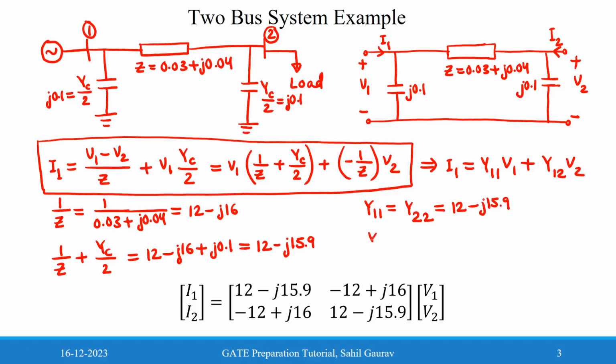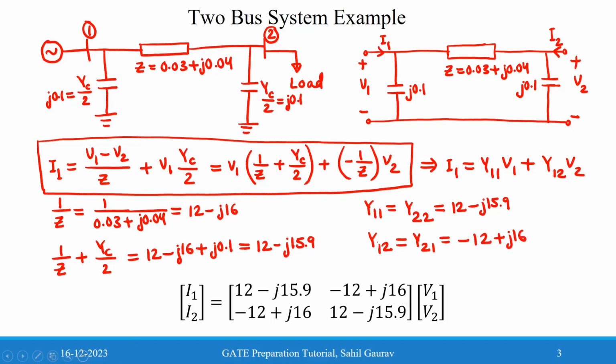And since this admittance matrix is symmetric, Y12 is equal to Y21, which is minus 1 divided by Z, so minus 12 plus j16.